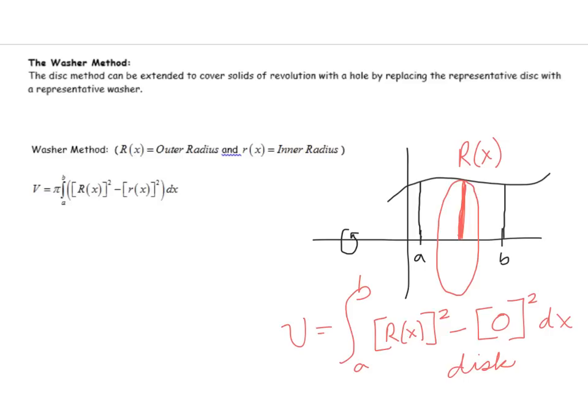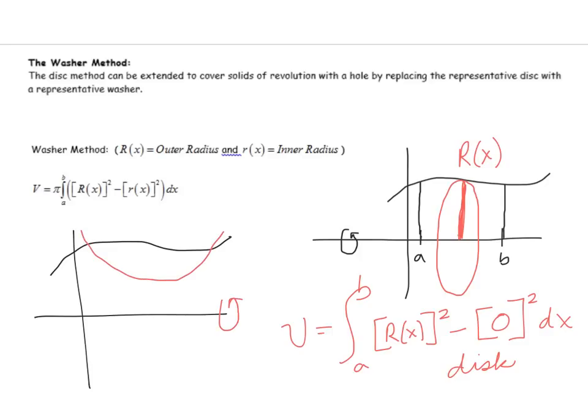Okay, but the washer method is a little bit different. If I have the same thing where I have this curve right here, and then maybe another curve like this, and revolve it around, then what you can see is that I have this length, this radius, R of x, and then I have this one right here, this red one.